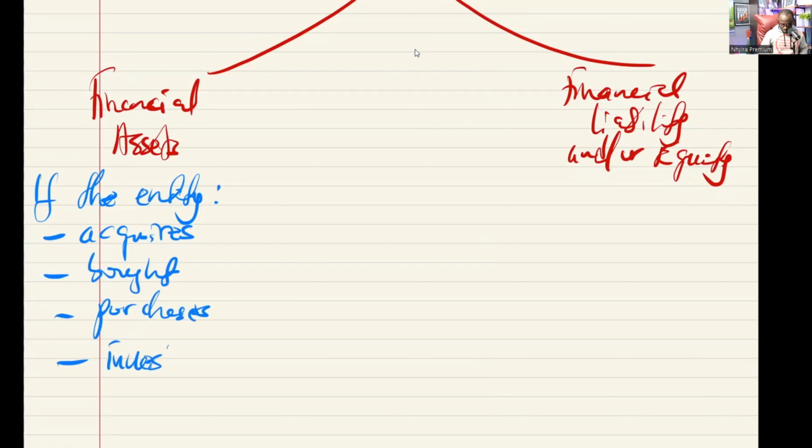So if the entity in question is acquiring, buying, purchasing, or making the investment, then we will recognize a financial asset.